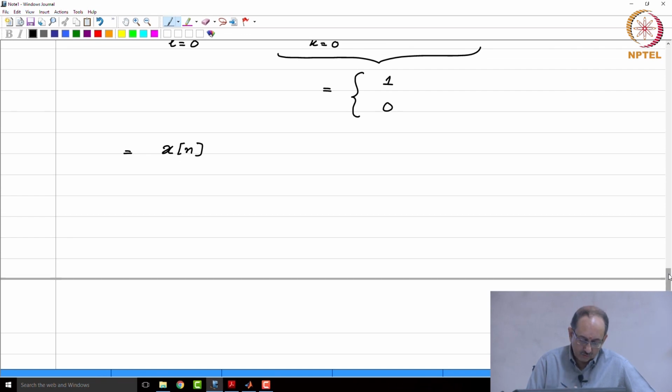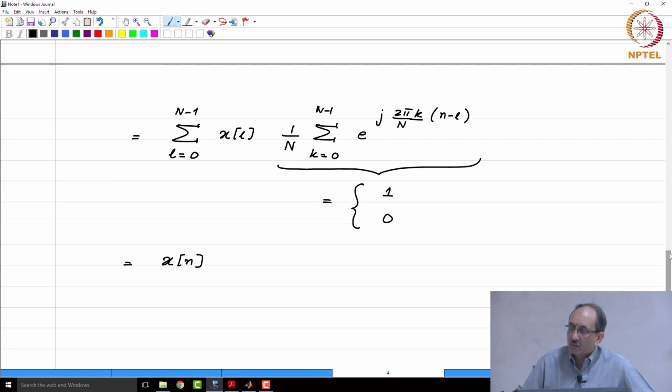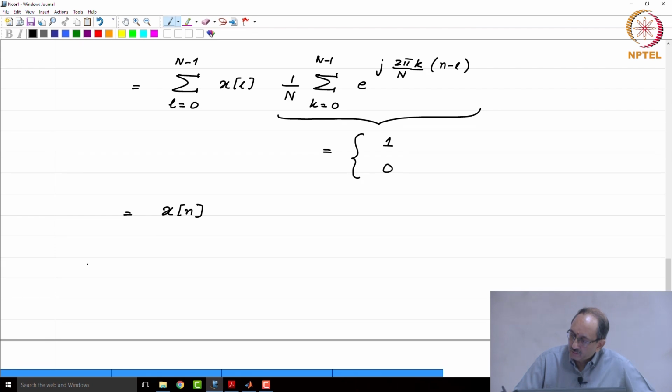Even though you do not make any assumption about the data outside 0 to capital N minus 1, the moment you put the data into the DFT framework, you are guaranteed that x of n will be periodic with period capital N, which is also consistent with the fact that the DFT is nothing but the DTFS written slightly differently, and the DTFS assumption is that the signal sequence is periodic. So, everything is consistent.